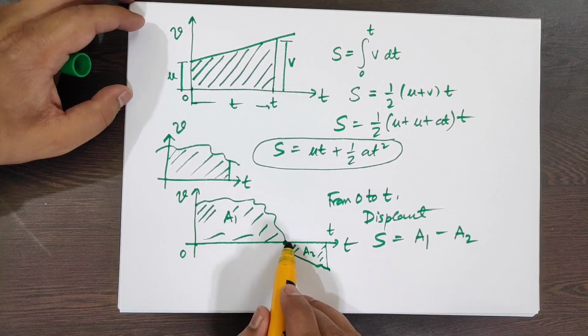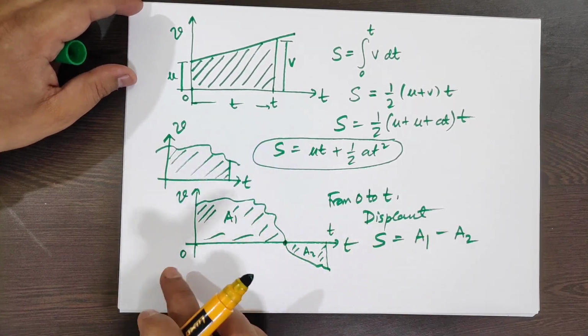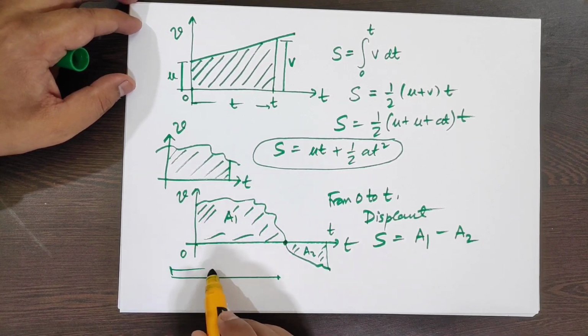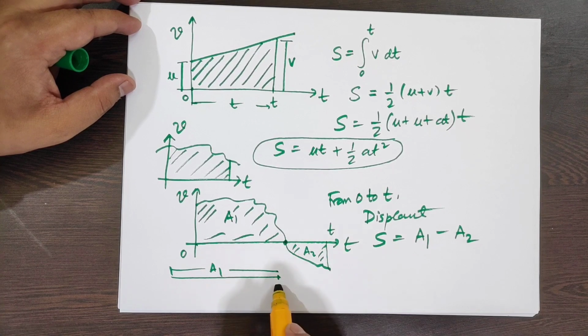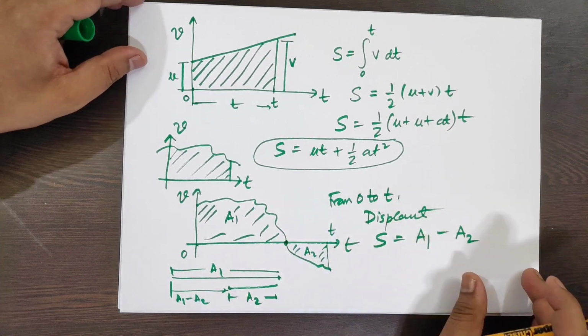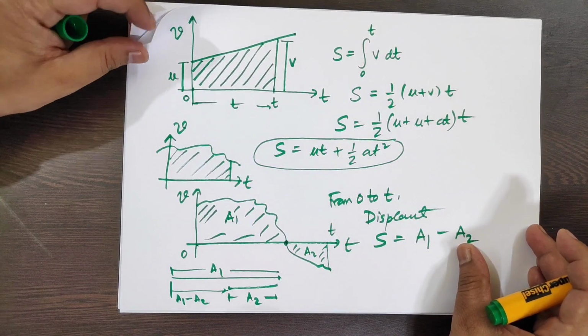Because here v is 0 and here v is negative, so the particle is turning backwards, right? So it goes a displacement A1 and returns back A2. So the resultant displacement is A1 minus A2. By the way, if you encounter such problems, you can deal with them.